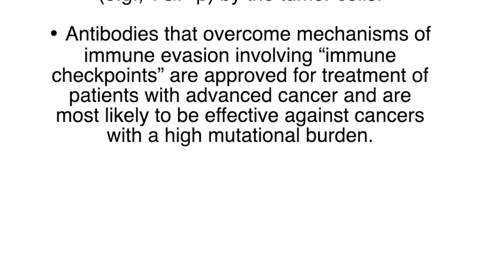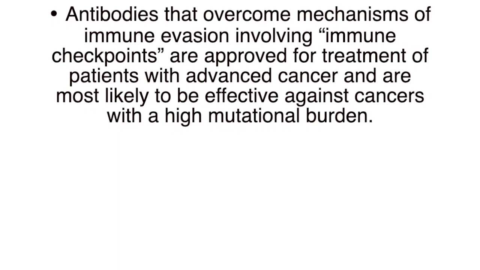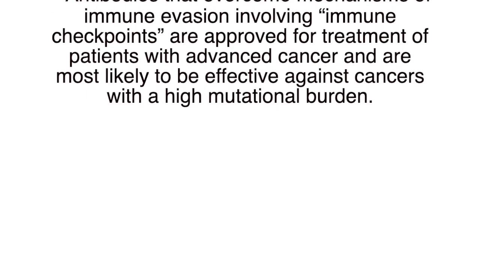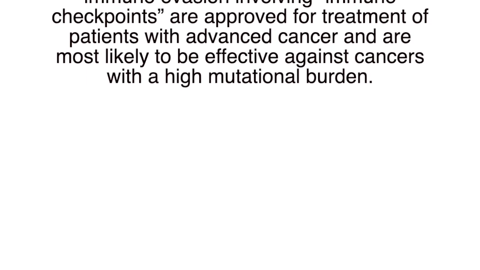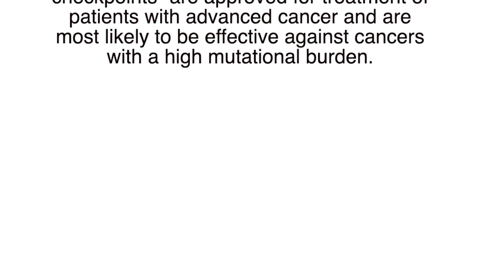Antibodies that overcome mechanisms of immune evasion involving immune checkpoints are approved for treatment of patients with advanced cancer and are most likely to be effective against cancers with a high mutational burden.